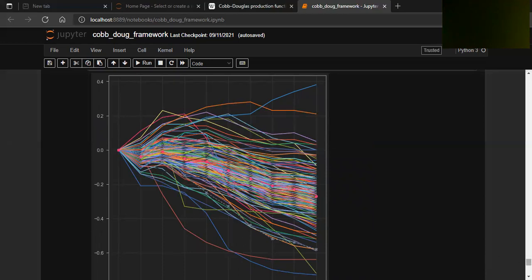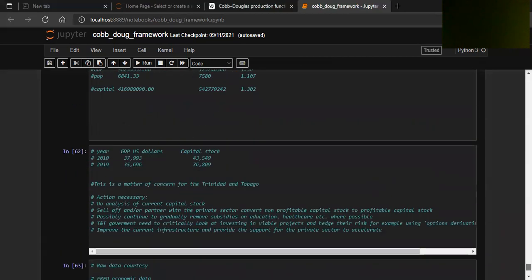Now I wanted to understand what was the cause of this. I went down a bit further and I did a little calculation and I was looking at just the numbers. And if you could look here, in GDP, in 2010, it was 37,933, and then in 2019, it was 35,696. So it had a slight decline over the period. But when you look at the capital stock, it tells you the real story.